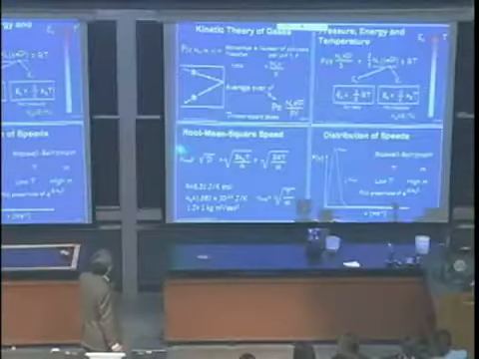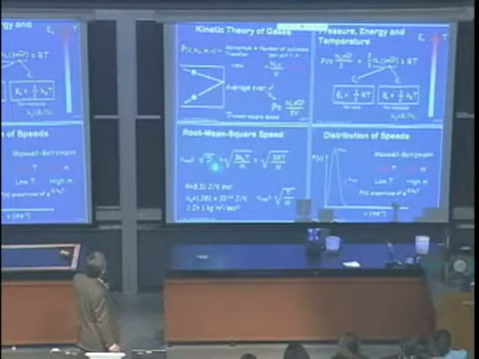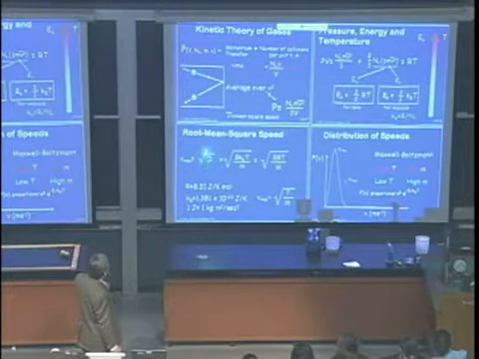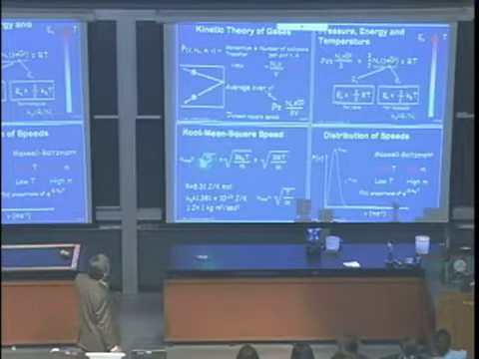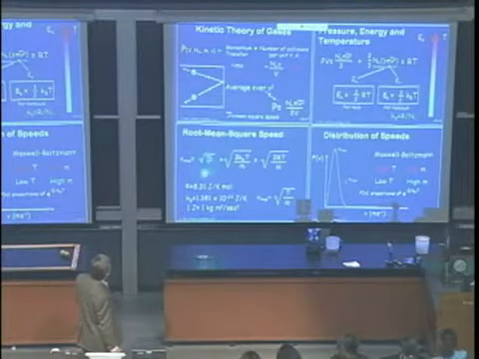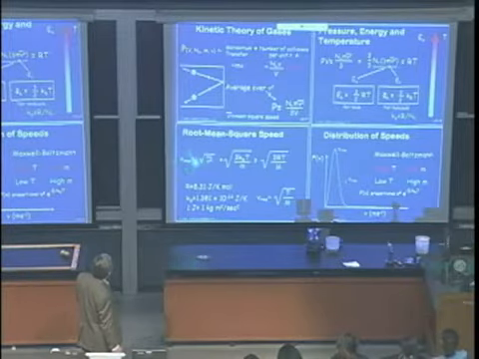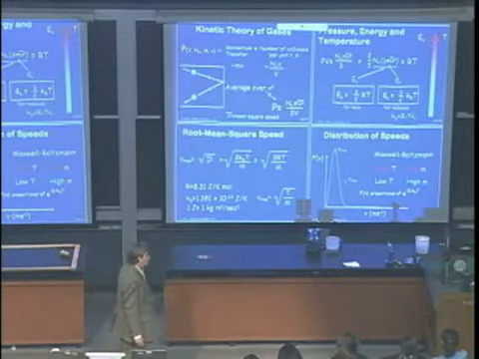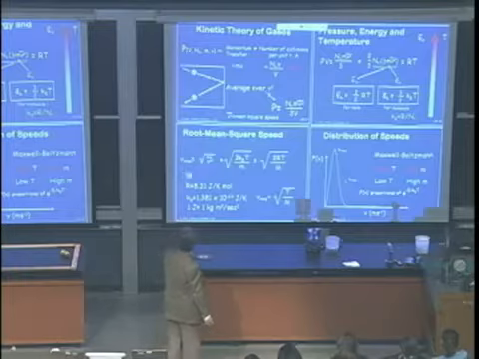We used v bar squared, the average of that speed squared, and took the square root of this. And then we get this funny expression, what we call the root mean square speed.